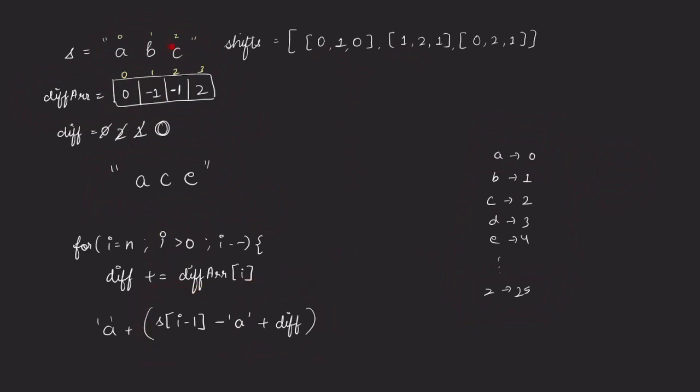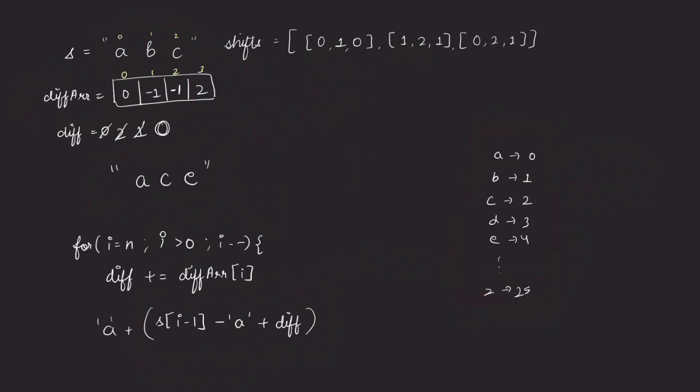But let's suppose we have a Z over here, and now you came across a direction of 1. When the direction is 1, you need to add plus 1, right? So it might be possible that it gets converted to 26 or 27 or 28. So we will have to keep it within the range of 0 to 25.